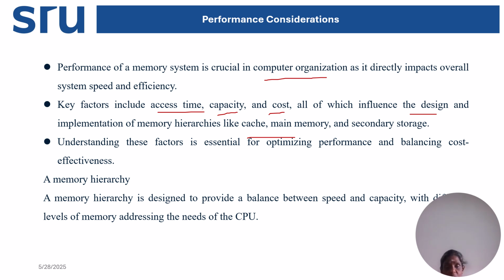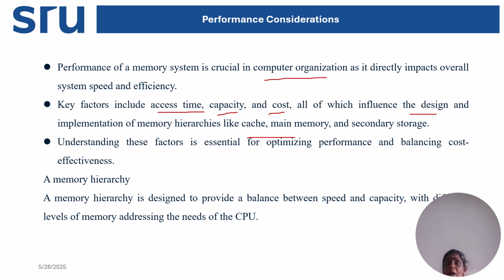So first level registers, second level cache, third level main memory and fourth level secondary storage, if we order them in accordance with speed. The processor register speed is the highest, a little bit less speed is for cache, main memory has much less speed, and secondary memory is still slower than main memory.